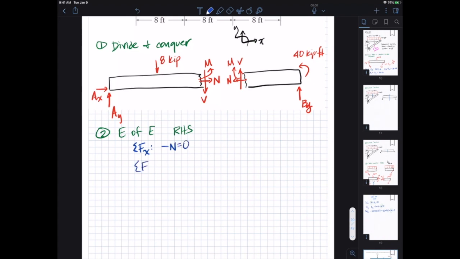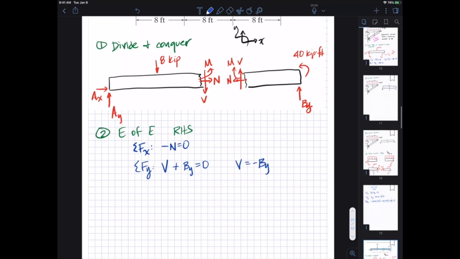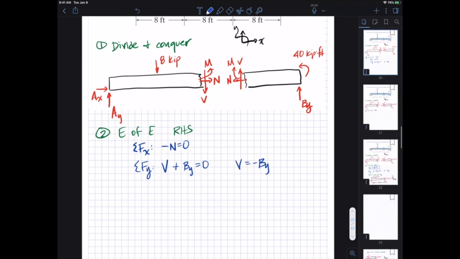Sum of forces y, positive V up plus By equals 0. So therefore V equals minus By. So you know you need to solve for By for sure. How are we going to get that? We'll do a free body diagram of the whole beam and come back and get By. So why don't you pause, go do that, and then I'll show you my free body diagram. Let's make sure those line up, and then we can keep going.